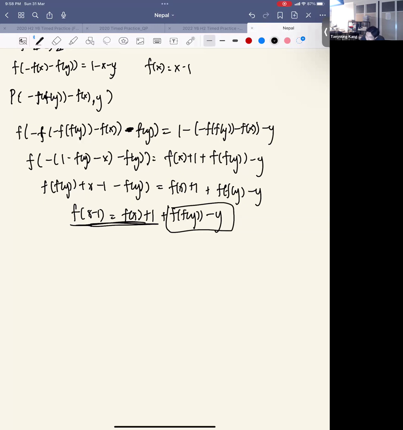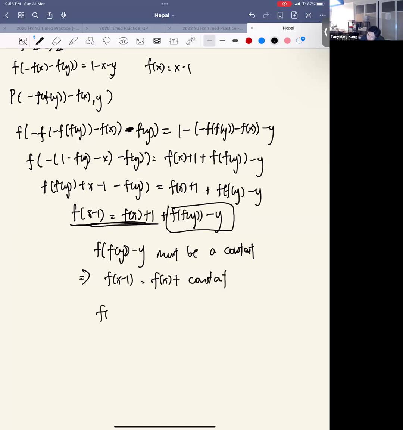Then it means that f(y) minus y must be a constant, which also means that f(x - 1) equals f(x) plus a constant, right?